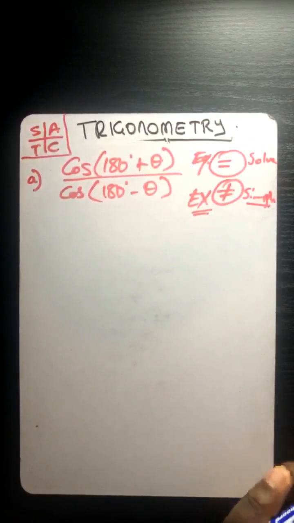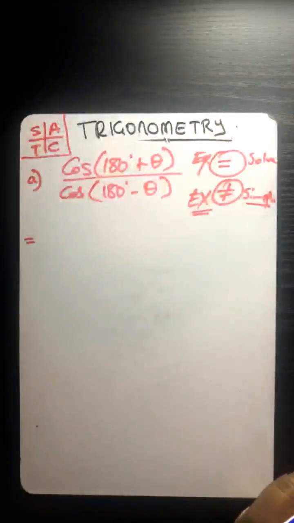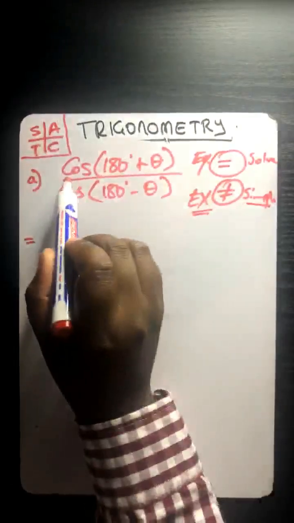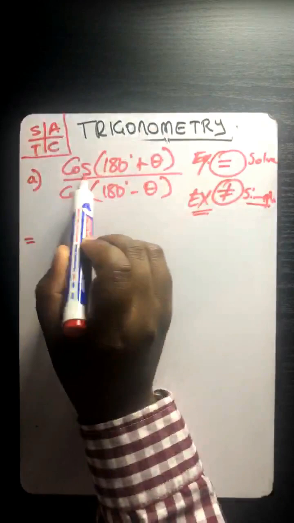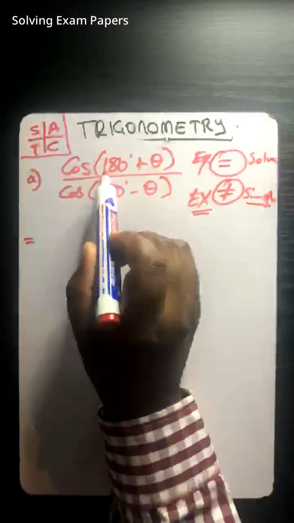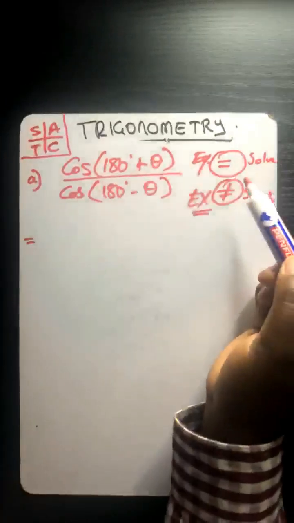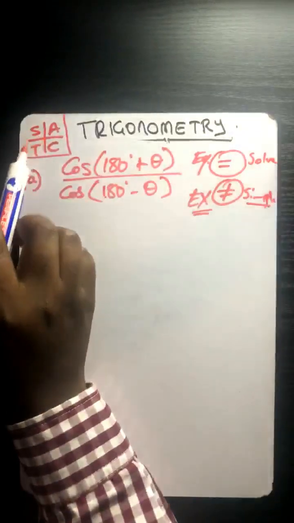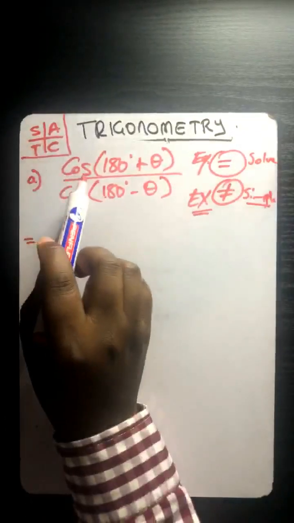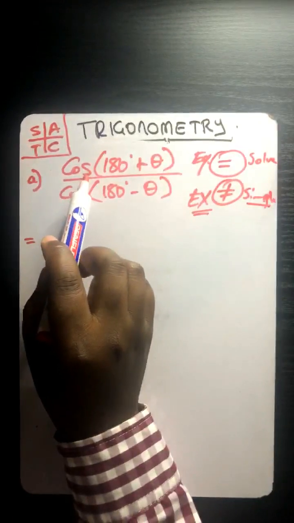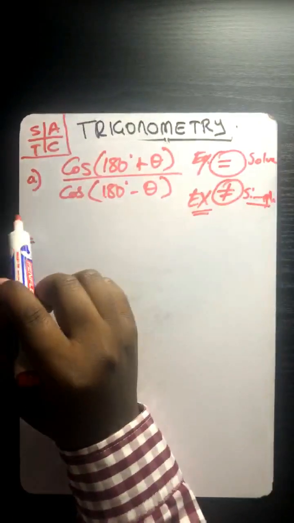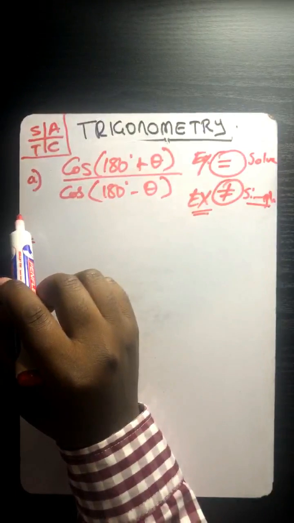So now, this is what happens. You see you are having the trig ratio of cos. But now 180 plus the angle takes you to which quadrant? The third quadrant. In the third quadrant, is cos positive or negative? It is negative.